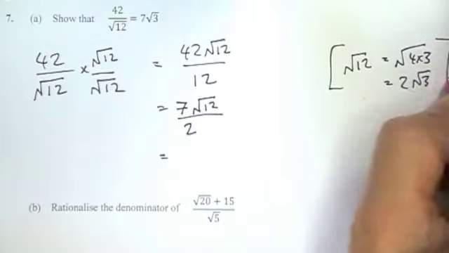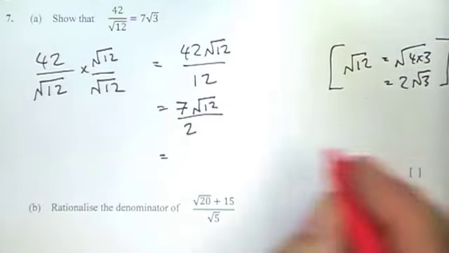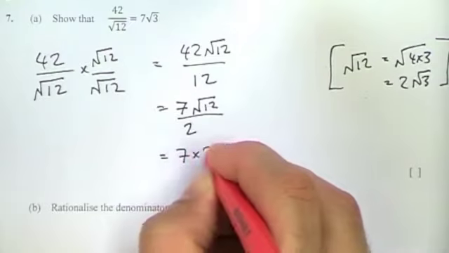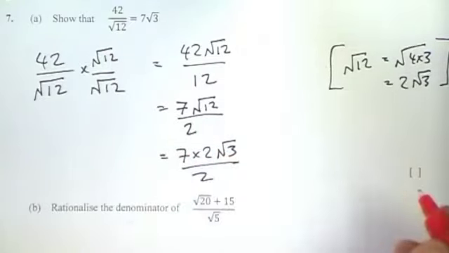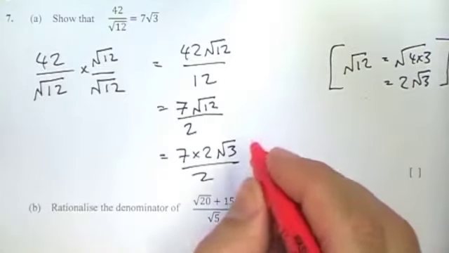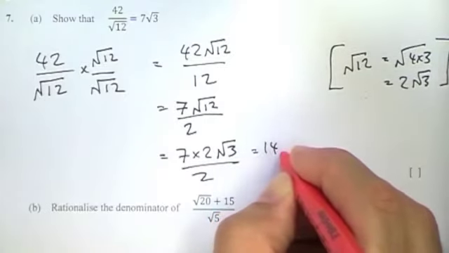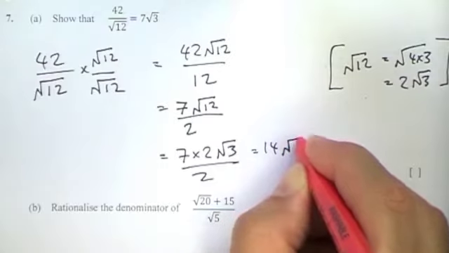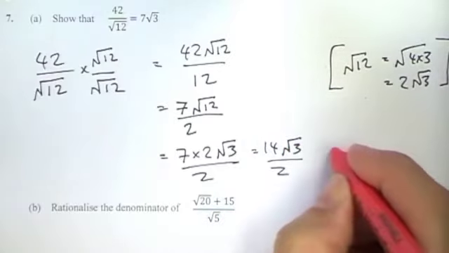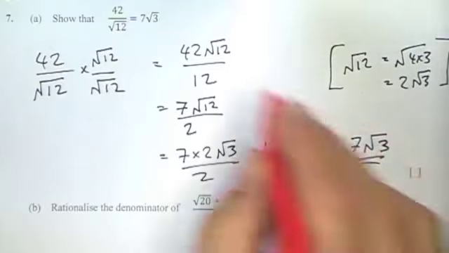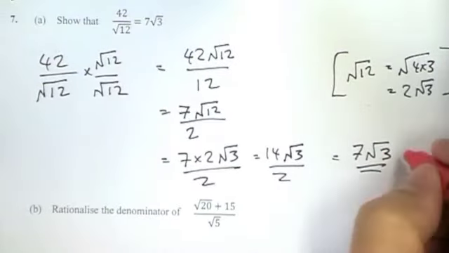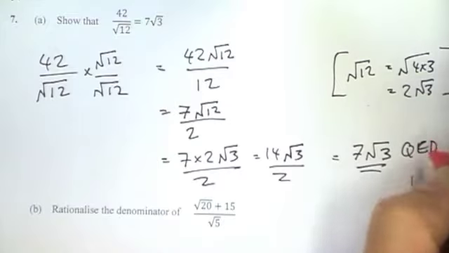So instead of root 12 I can write 2 root 3, so that equals 7 times 2 root 3 over 2, which is 14 root 3 over 2, which equals 7 root 3, which is what we're asked to find, so I like ending it with a QED, Latin for as asked to be demonstrated.